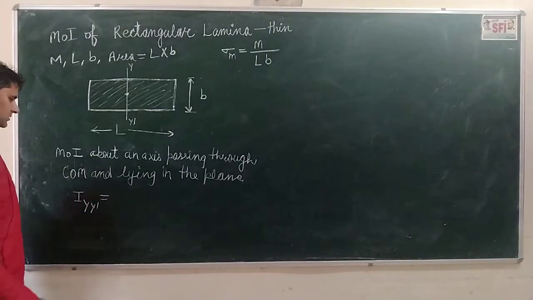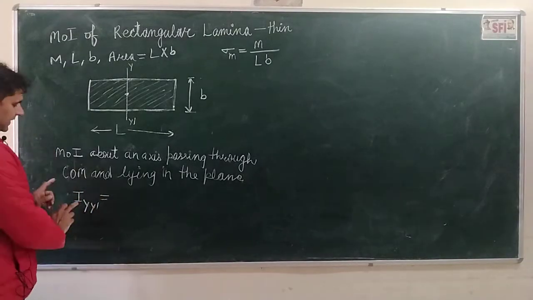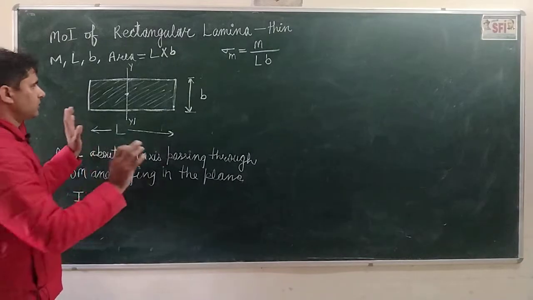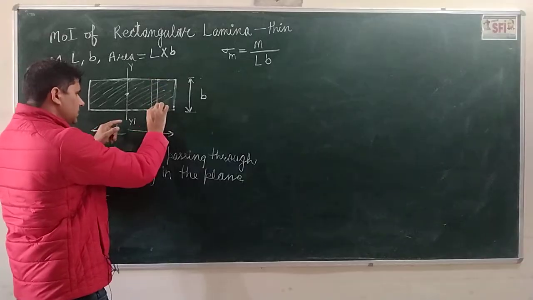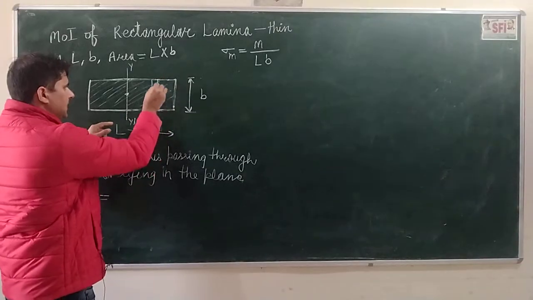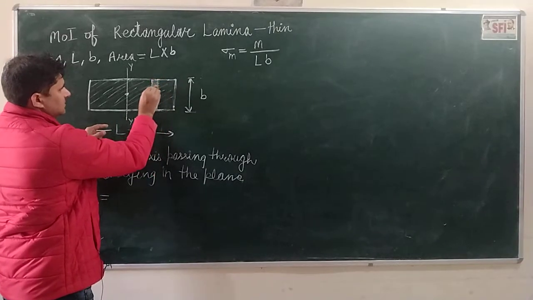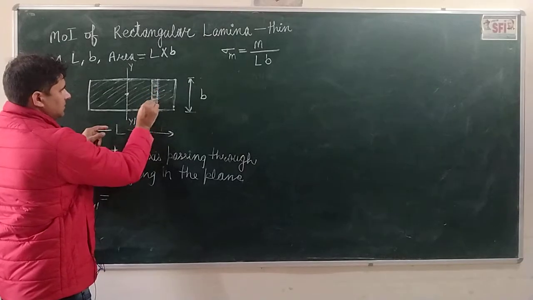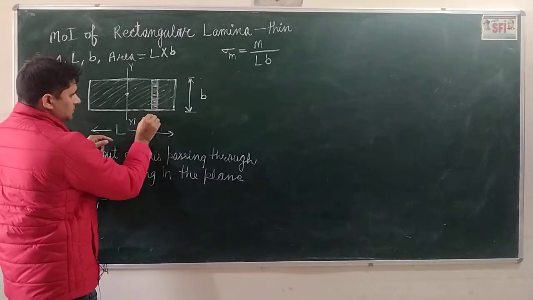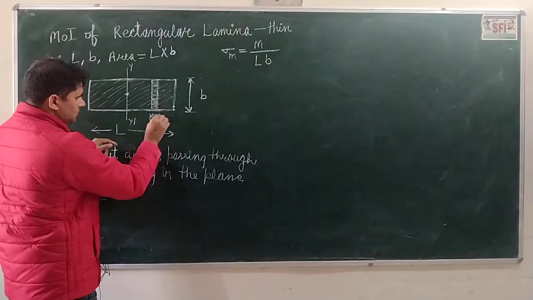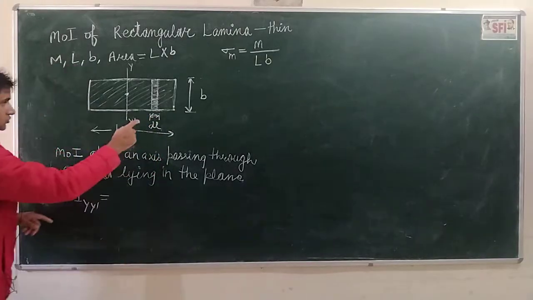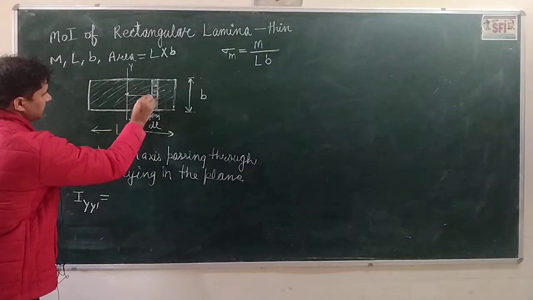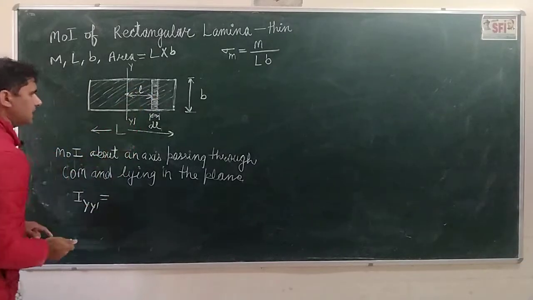To find this, we will make use of a trick, and that is we will divide this lamina into elementary surfaces. Let us take the length of this element as dl, at a distance of small l.